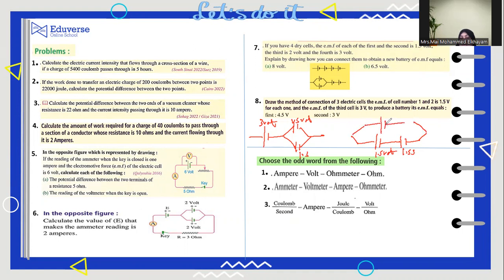Positive, negative. Okay, the 3 volt. Let's check this. Here I have 3 volt, one cell, parallel to another 2 electric cells in series. 3 up and 3 down. I'll take the reading of one of them, which is 3 volt. So this is the way to draw this part.